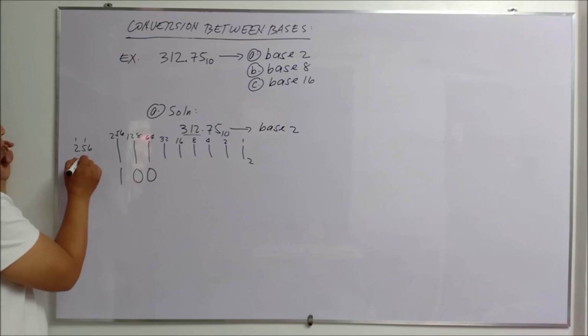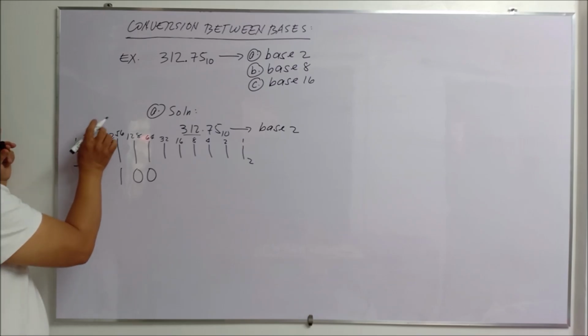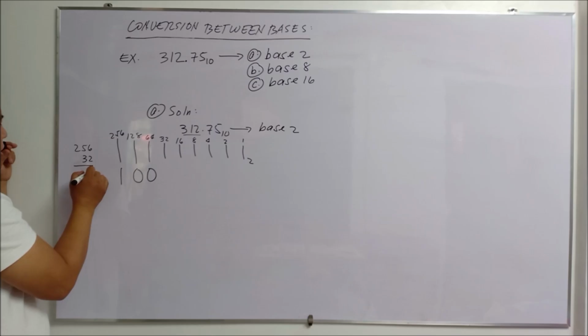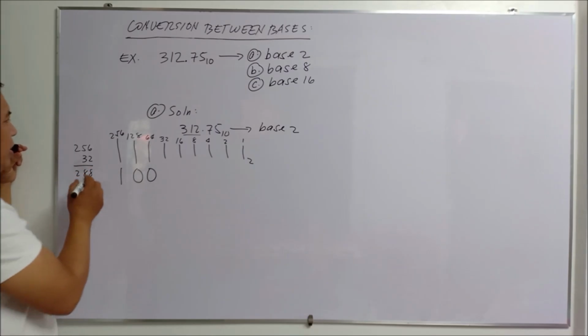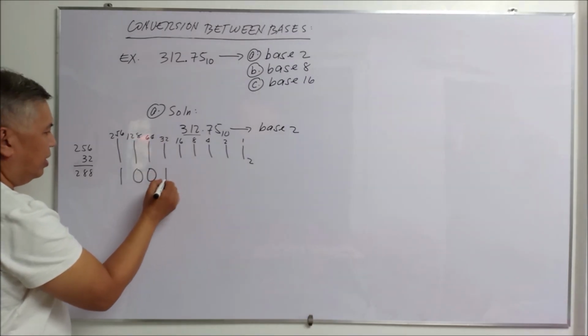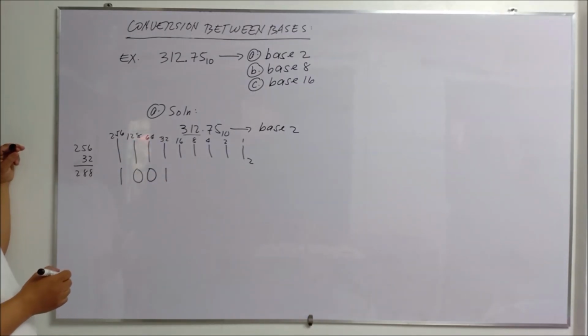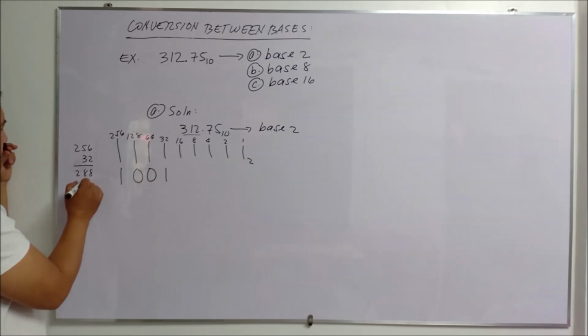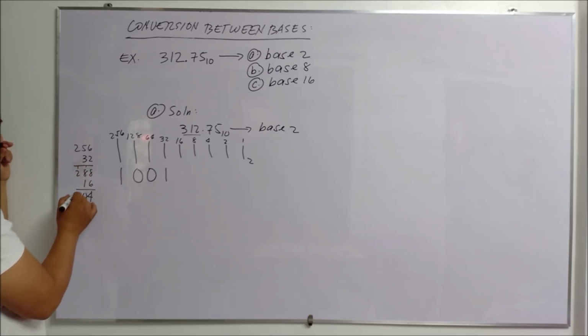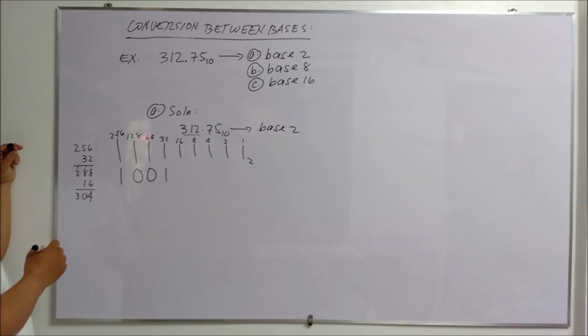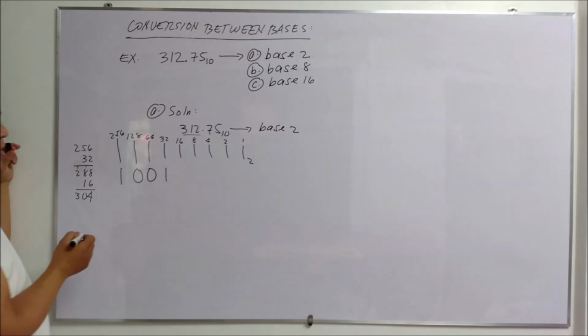So 64 will not be added into your number. Then we have 32. So you have 8, 8, 2: 288, less than 312. So you add 32, so 32 is 1. Then, if you add 16, you will have 14, carry 1, 10, carry 1, 304, which is less than 312.